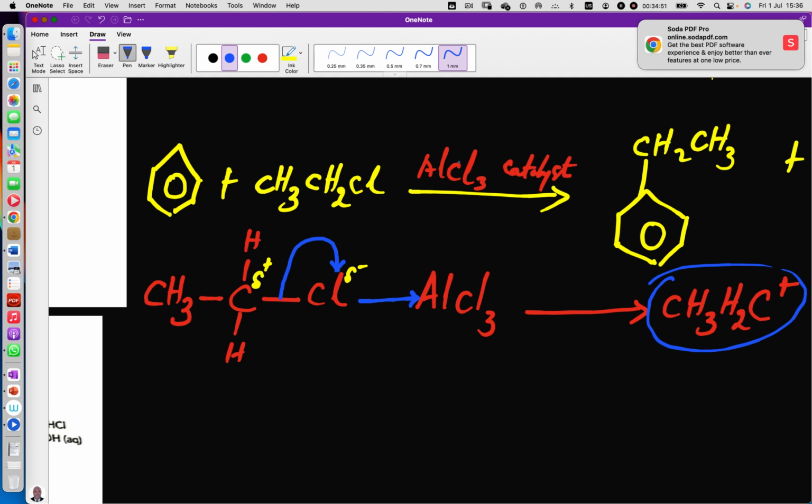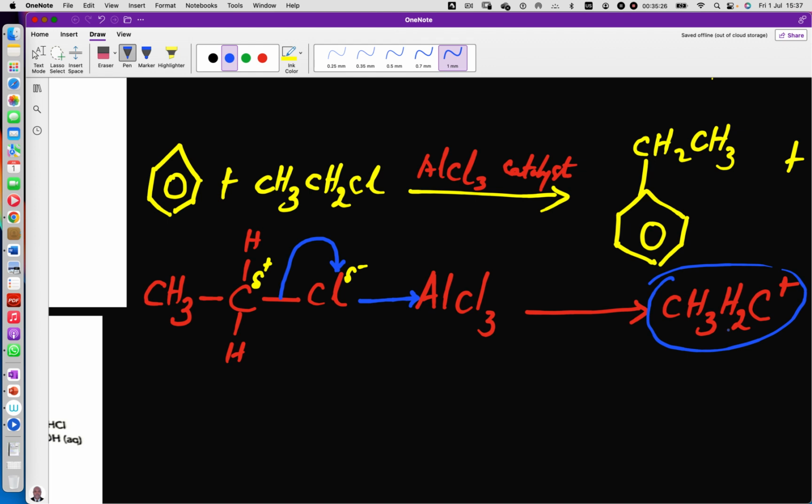What will happen is the carbon atom here will have a partial positive charge. This partial positive charge on the carbon atom makes the whole of this molecule here an electrophile. This carbocation is now going to act as an electrophile. That is how an electrophile is generated.